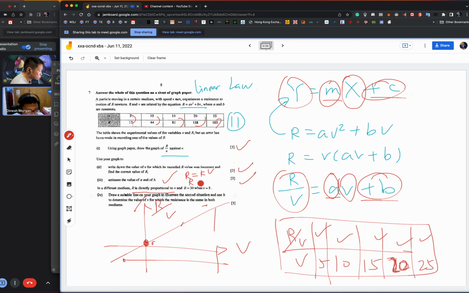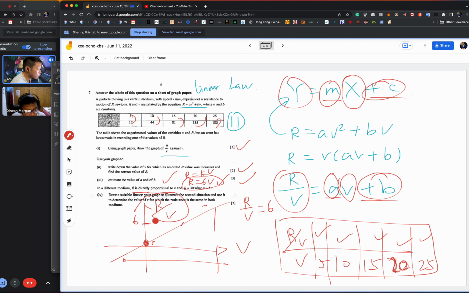So basically, you just draw this R equals 6. But they say draw a suitable line on your graph to illustrate. Your graph is actually R over V. So you need to draw R over V equals 6, because you cannot draw R equals 6V.